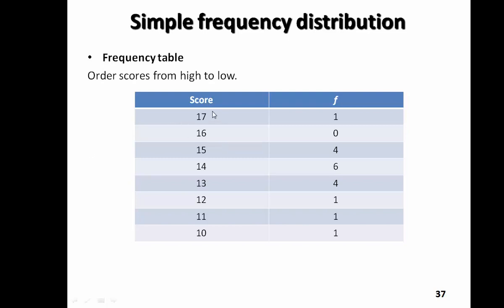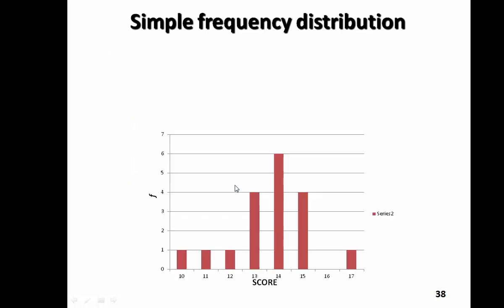The highest observed score is 17. The lowest observed score in our raw data was 10. We then start to tally how many students scored 17, how many students scored 16. We see 0 students scored 16, 15, 14, 13, and so on and so forth.